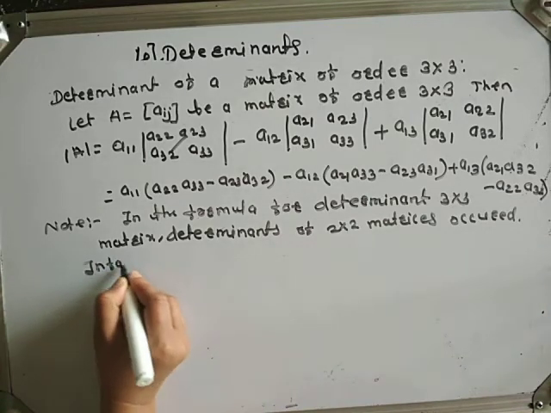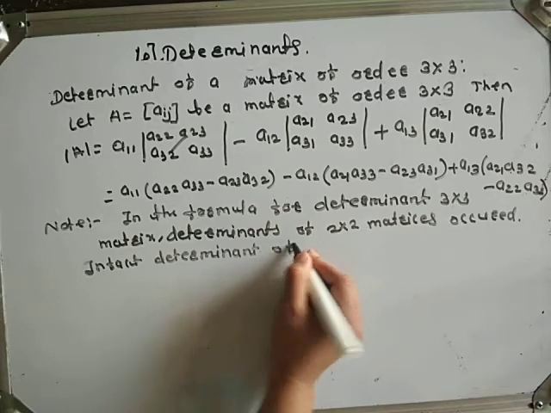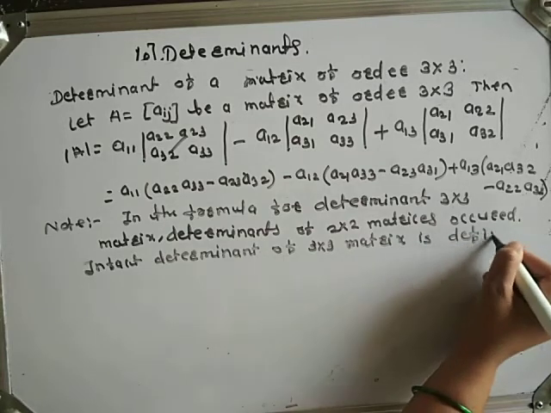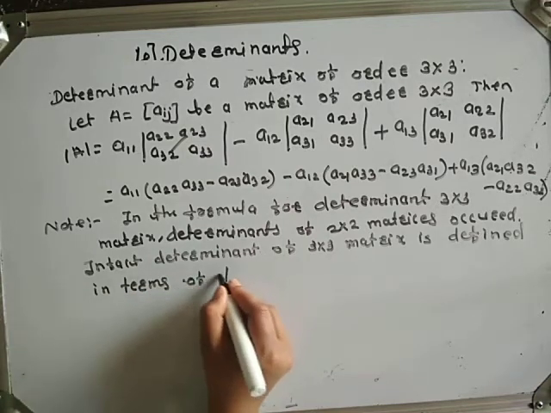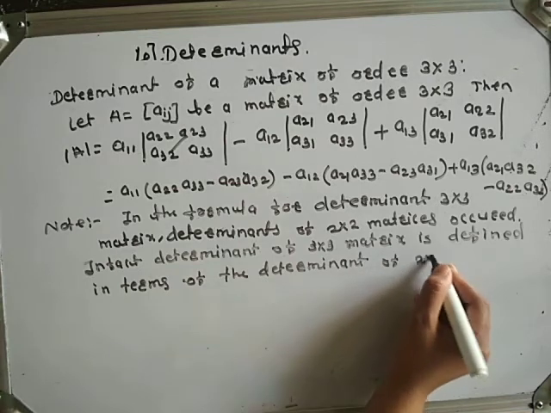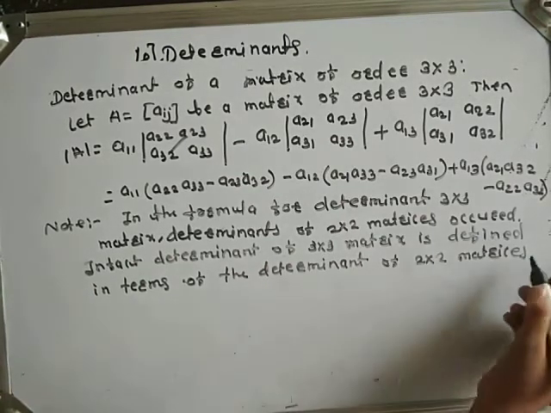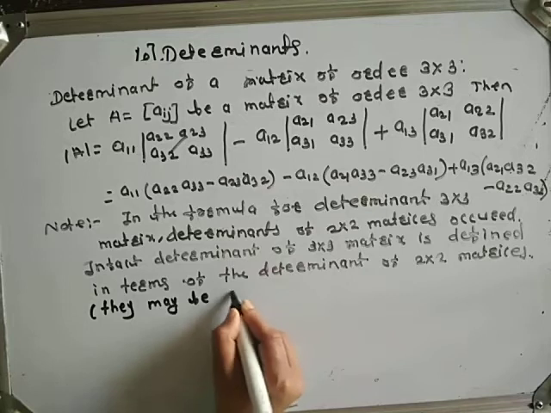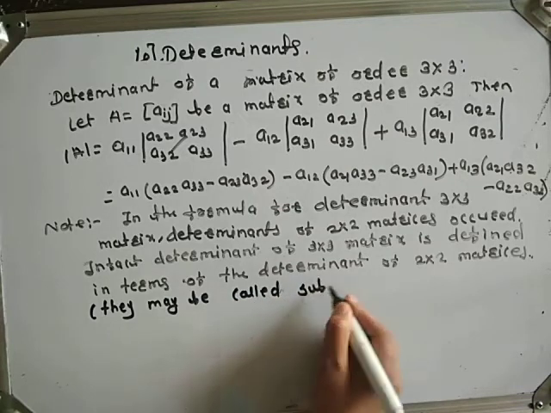In fact, the determinant of a 3 by 3 matrix is defined in terms of the determinants of 2 by 2 matrices. They may be called submatrices.